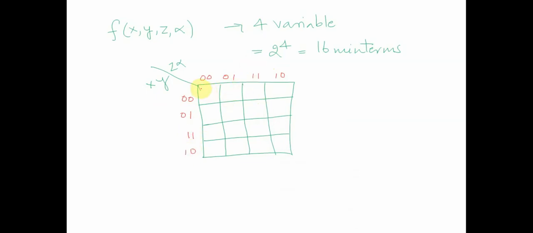So basically this will be nothing but m0 m1 m3 m2, m4 m5 m7 m6, m8 m9 m11 m10, and similarly this would be m12 m13 m15 and m14.